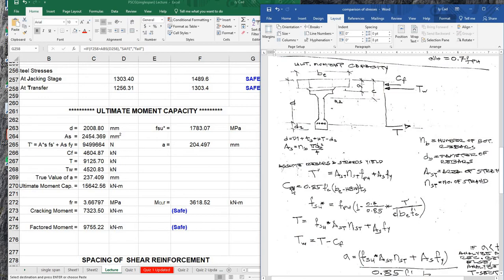In short, yung F, parang subscript yan for flange. And then here we have FSU star. Okay? So, equation yan is equal to FPU times the quantity 1 minus 0.4 all over 0.85 times T prime divided by D times BE times F prime C.